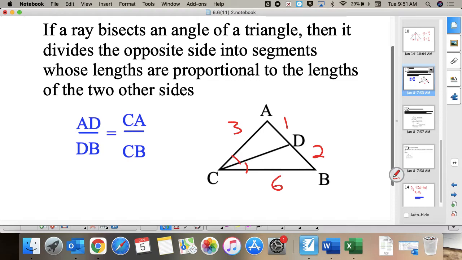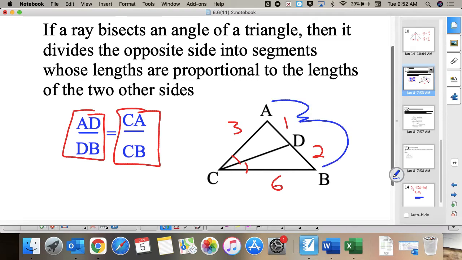That ratio of AD over BD has to be equal to that ratio of CA over CB. So the ratio of these two sides has to be the same as the ratio of the remaining two sides of your triangle.